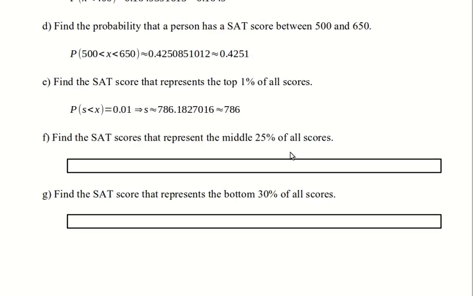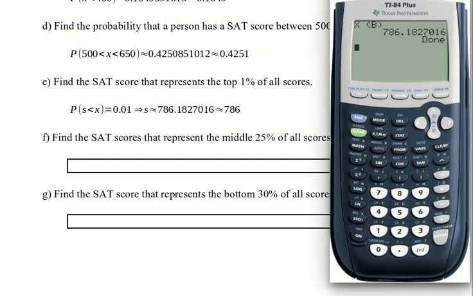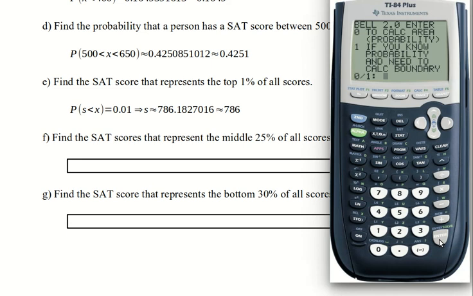Find the SAT scores that represent the middle 25% of all scores. So we're going to go into Bell. We're going to find a boundary, so enter a 1. This is normal, so a 0 for the second question and a 0 for the third question, because our mean is still 514. Our standard deviation is still 117. And we're interested in a probability of 25%.